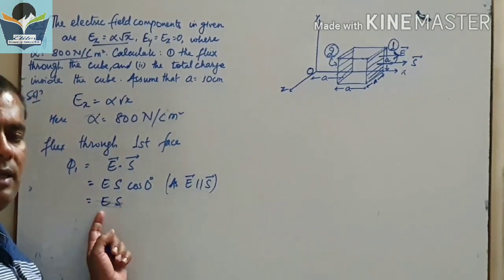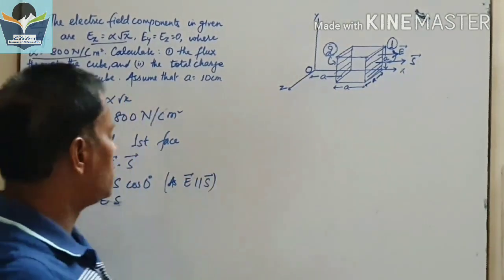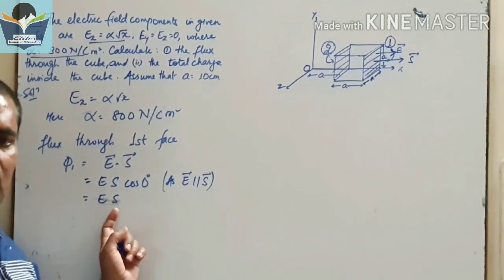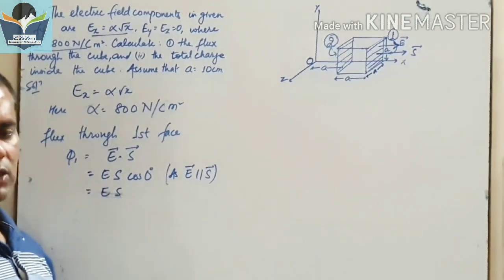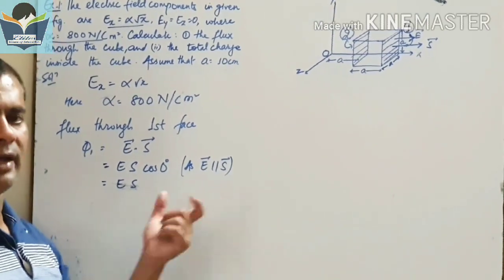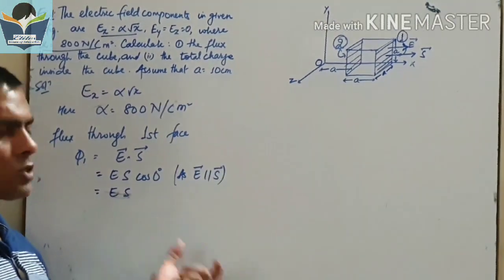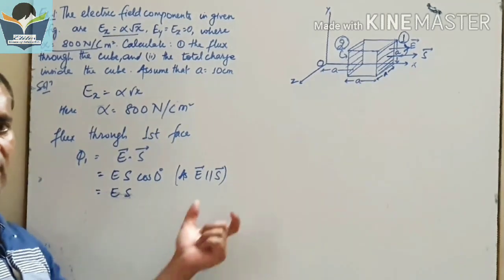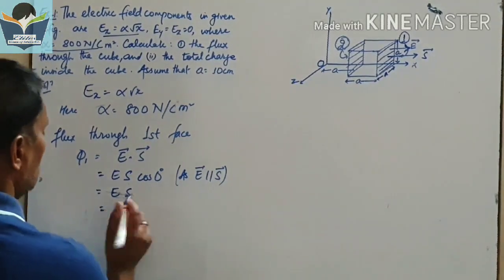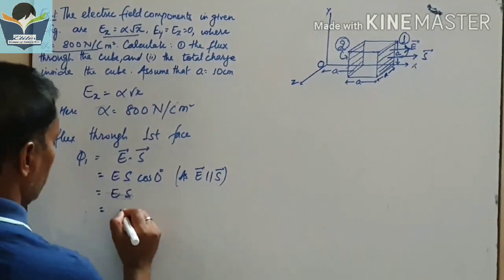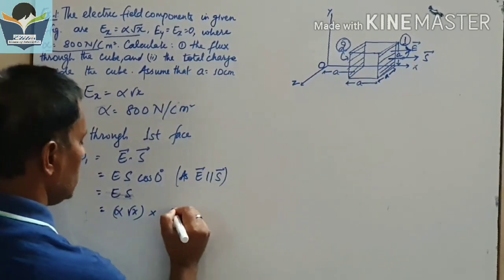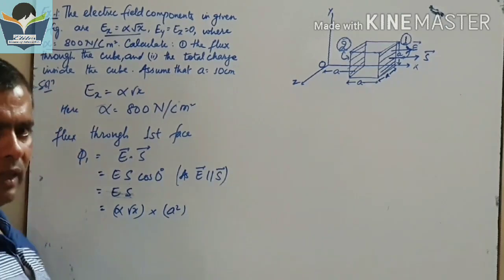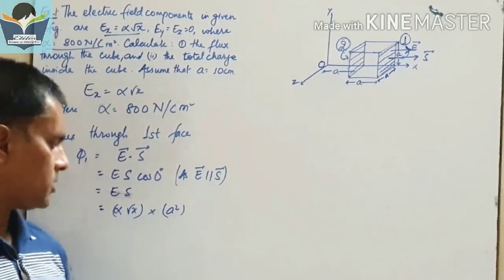Now what is E? The electric field at the first face. What is S? The area of the first face. We all know that each face of a cube behaves like a square. So the electric field by this relation will be alpha root x into the area, which will be side squared, the area of the square surface.